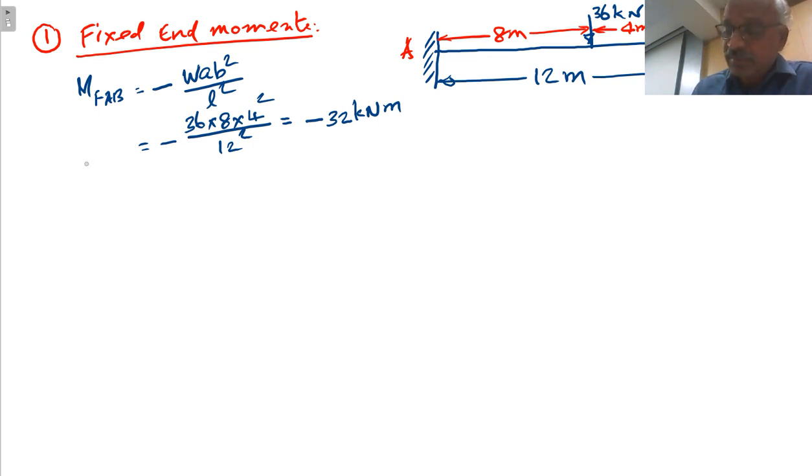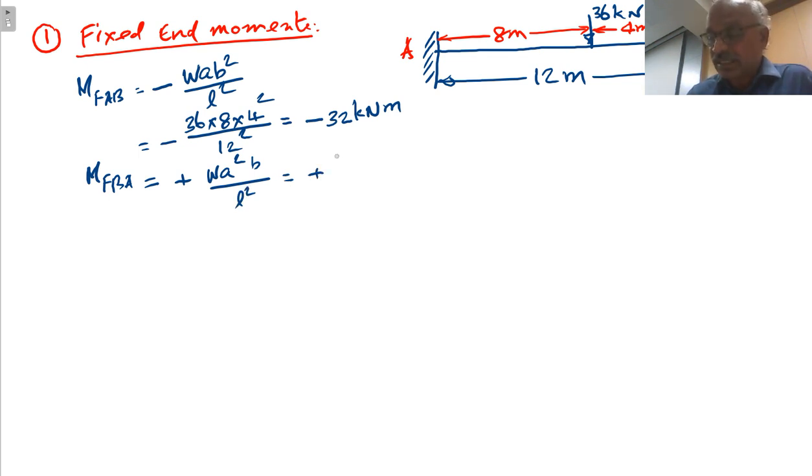Now MF BA equal to plus W A square B by L square, that is equal to plus 36 into 8 square into 4 by 12 square.